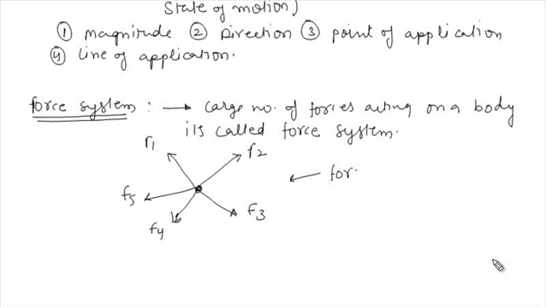A large number of forces acting on a body, this combined system we call a force system. There are various kinds of classification in force system. One by one we will take each classification, and let's start with the classification of force system.